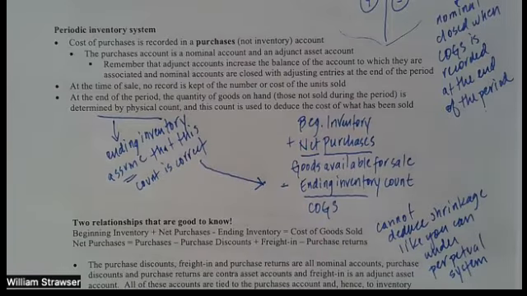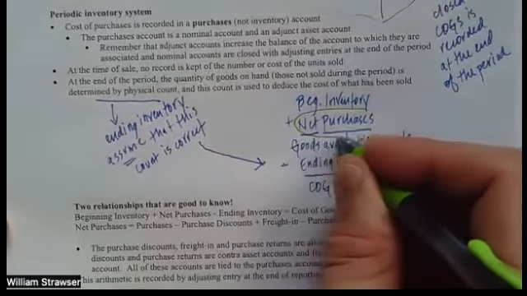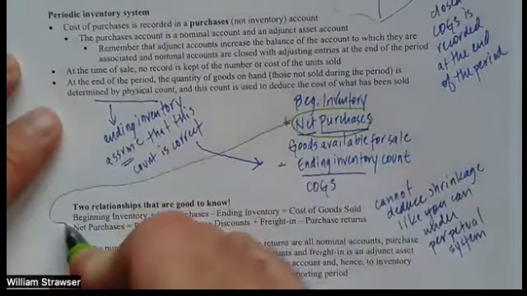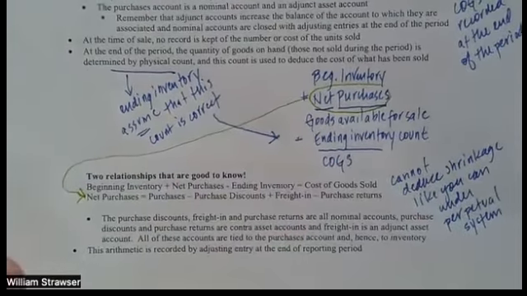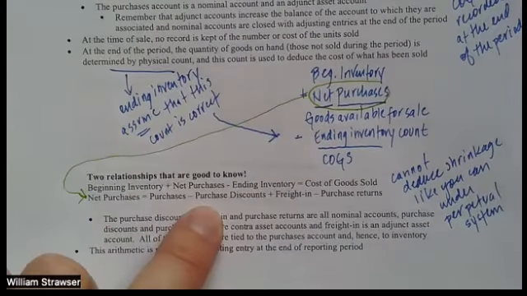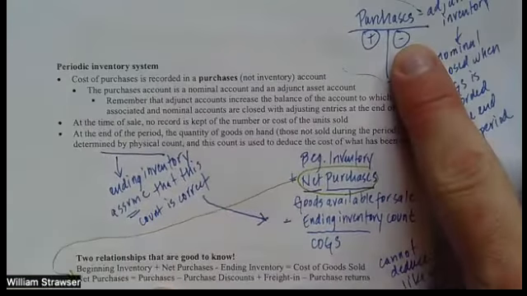And what is net purchases? Well, the problem is net purchases brings out a whole new host of accounts that we have to track. And these are only accounts that arise in a periodic system. We have our purchases account. That's that adjunct account that I talked about up here.